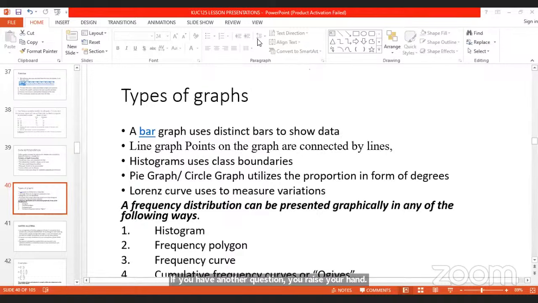If you have any question in the chat box, please, I've given you work. Can you discuss the 2 questions and even the other exercises that I have given you? There are exercises and examples in the materials uploaded for your reading.